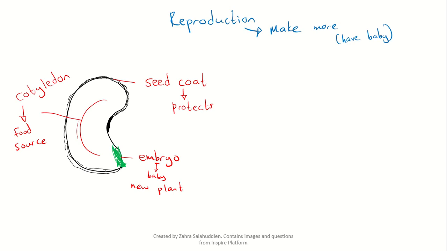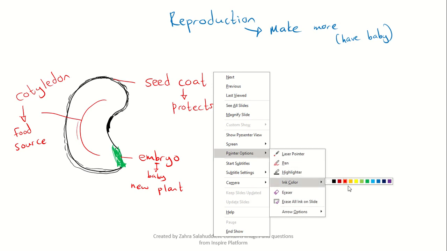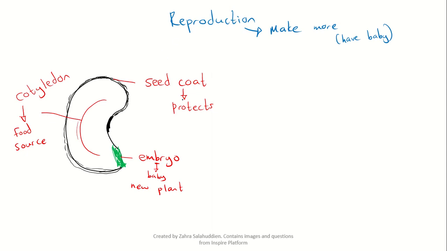Now let's talk about the fruit. So after the plant develops, seed develops in the flower. So if you didn't know where this happens in the flower. In a flower, the seed is made, and it happens in the ovary.